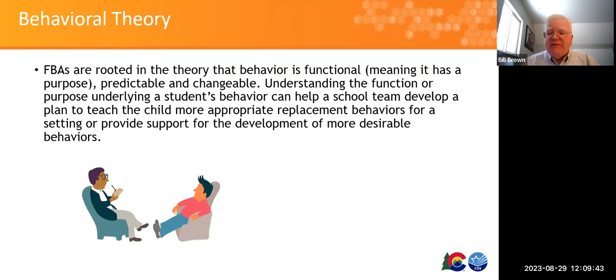Another thing about behavioral theory is that all behavior is considered to be situational, meaning it's related to the environment that you're functioning in. When you have a different environment, the behaviors are a response to something in that environment. As a result, we all have different behaviors in different environments.